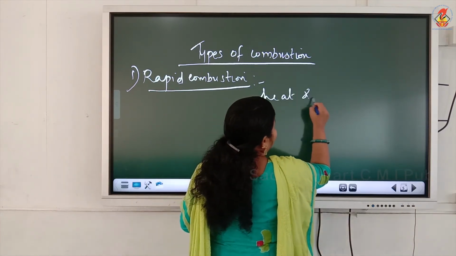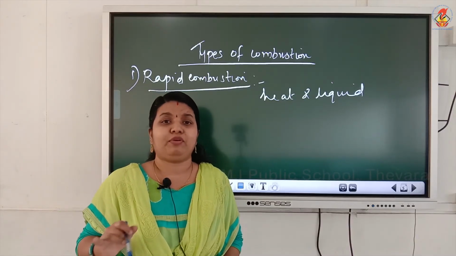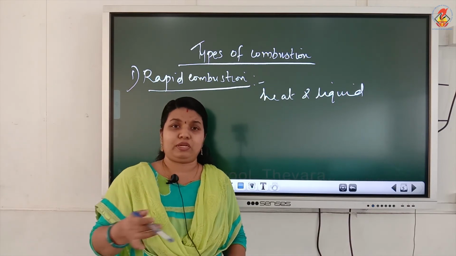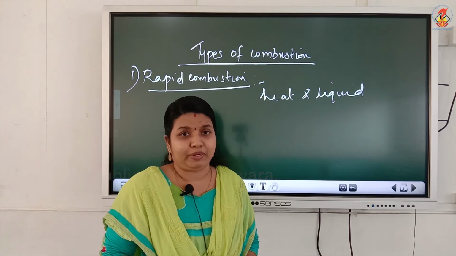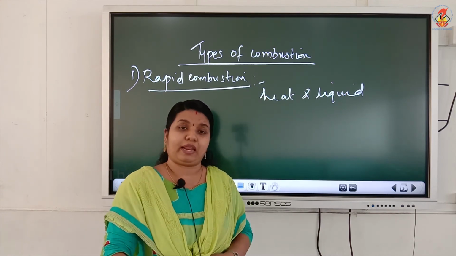Both heat and light are produced in rapid combustion. Most of the familiar forms of combustion like burning of paper, burning of wood, burning of petrol, diesel, all these come under rapid combustion. So, most of the familiar combustion reactions are examples of rapid combustion.